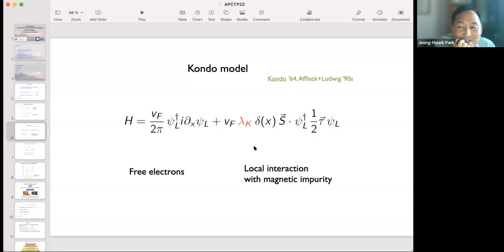You're right, this can be written in a covariant way, and then you can introduce some vector field. But the key point is that this arrow here is a vector in spin space. So also this arrow is a vector in spin space. It's not a vector in real space.